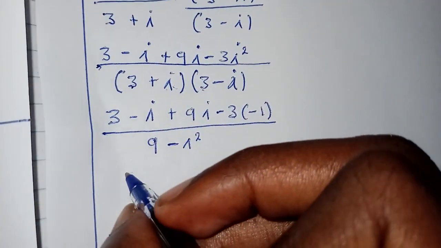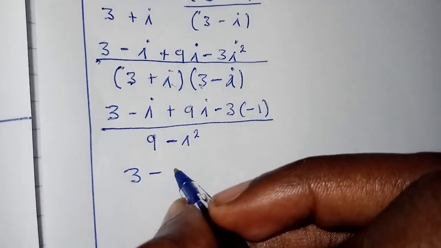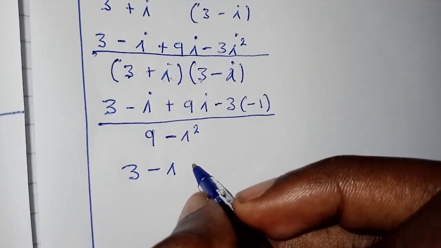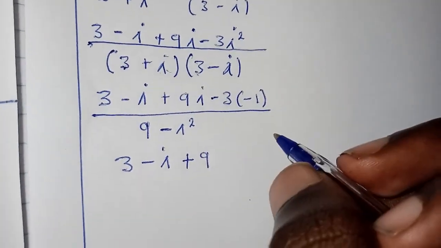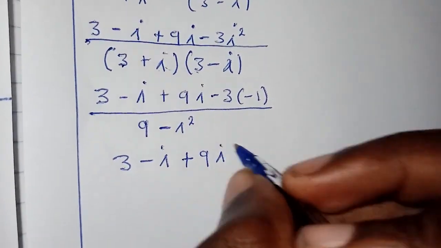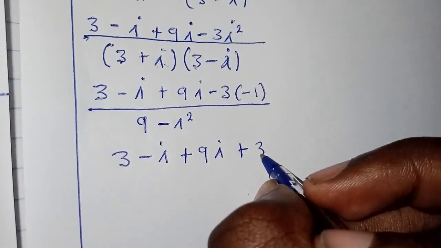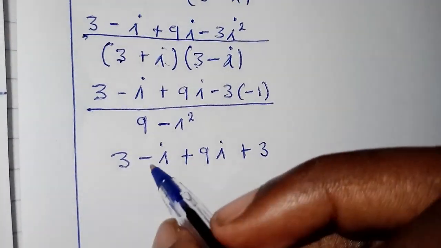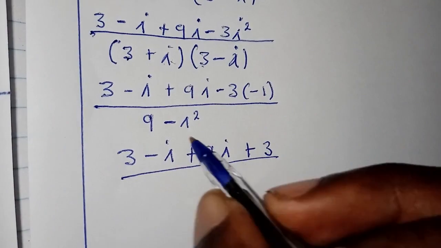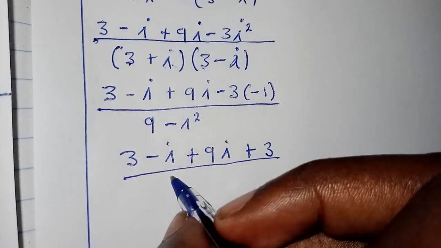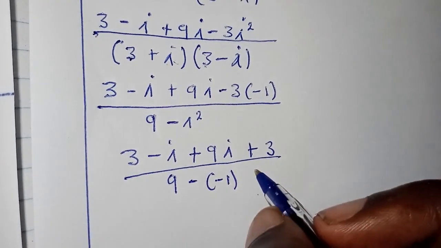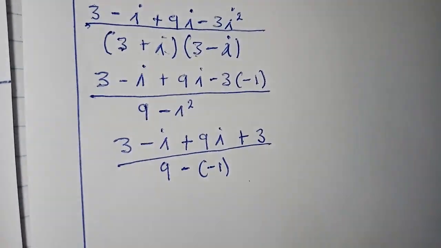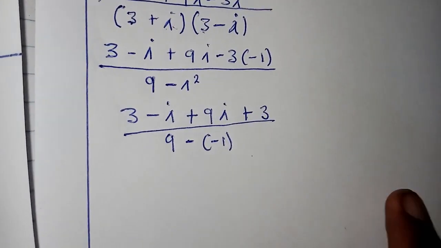So of course we're going to get 3 minus i plus 9i plus 3. Of course, even down there, we know that this is 9 minus negative 1, because i to the power 2 is negative 1. Remember what I taught? Very important concept.